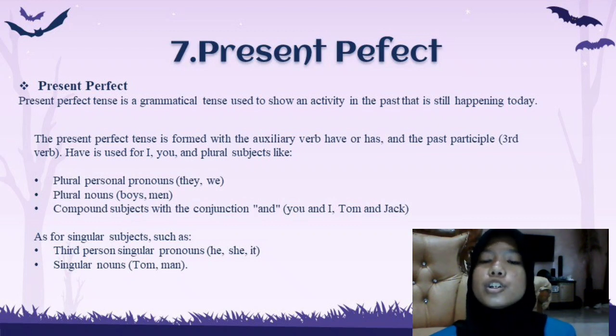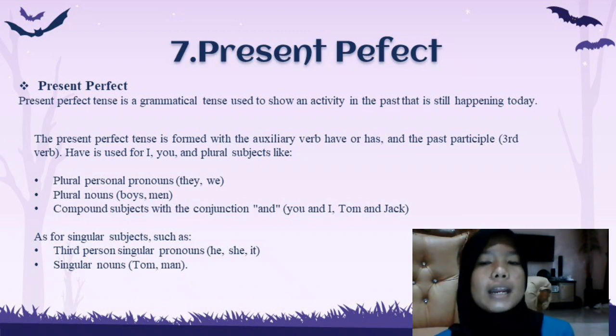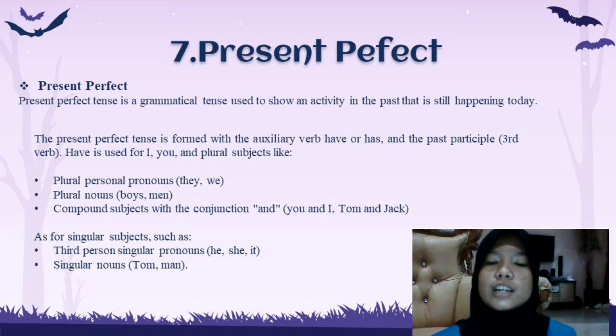Have is used for I, you and plural subjects, like plural personal pronouns such as they and we, plural nouns like boys or men, and compound subjects with the conjunction and, like you and I or Tom and Jack. Has is used for singular subjects such as third person singular pronouns he, she, it, and singular nouns like Tom and man.